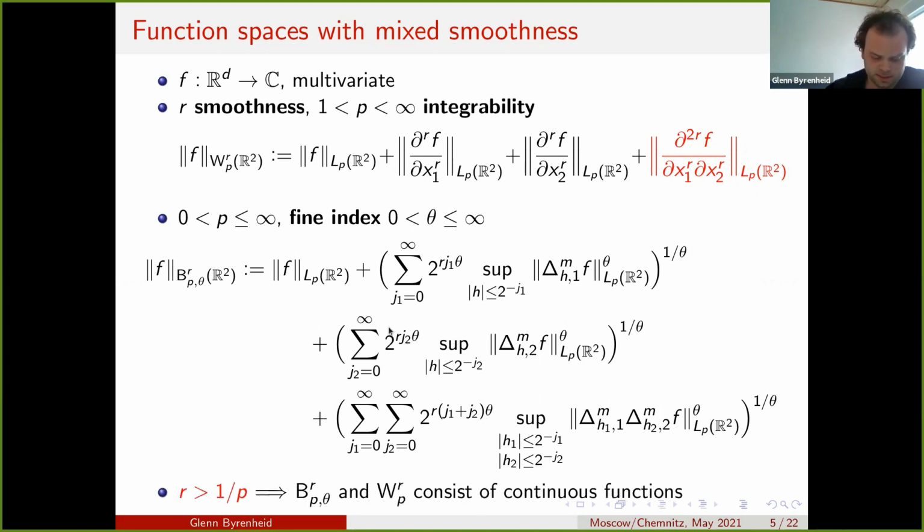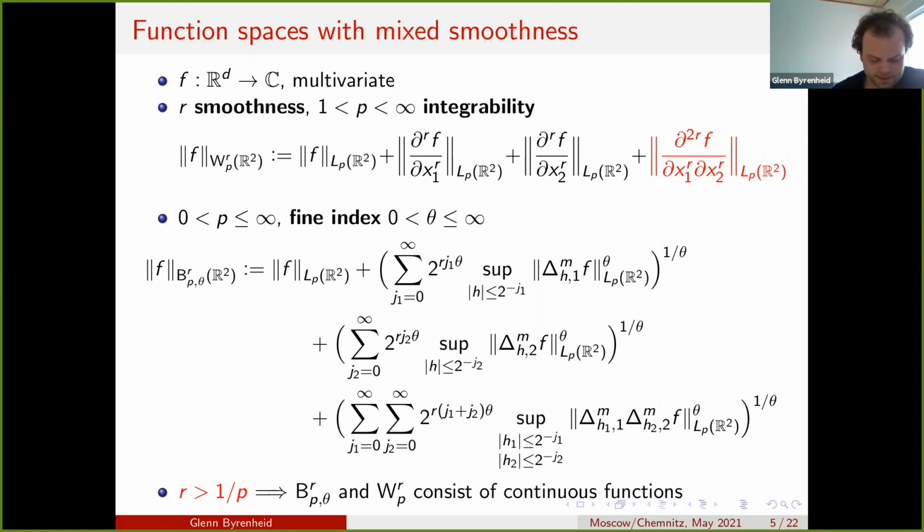So let us continue. Important in this talk, we deal with the question of sampling. For sampling, we need function evaluation. And this is given in case of r being bigger than 1 over p. So this is the Sobolev embedding theorem for spaces with mixed smoothness.